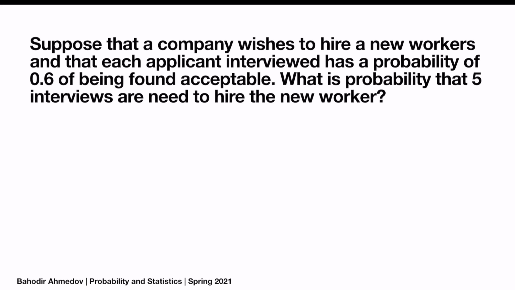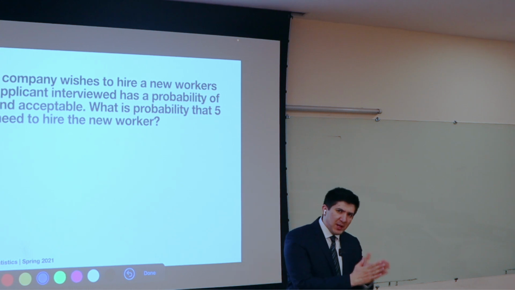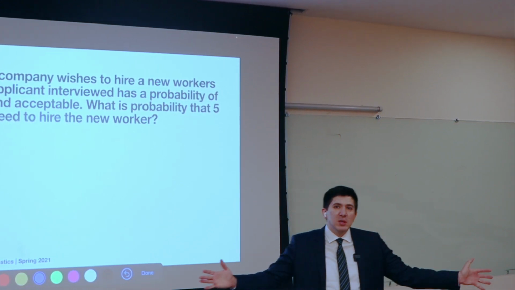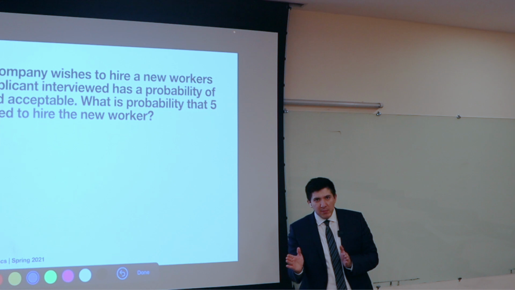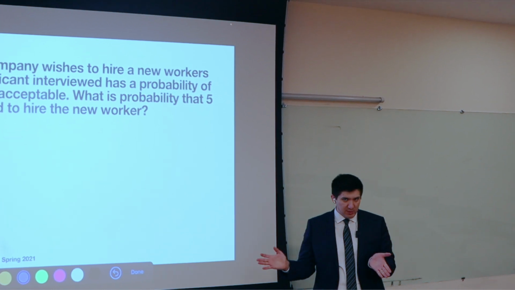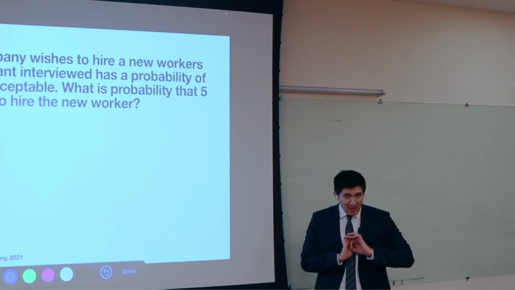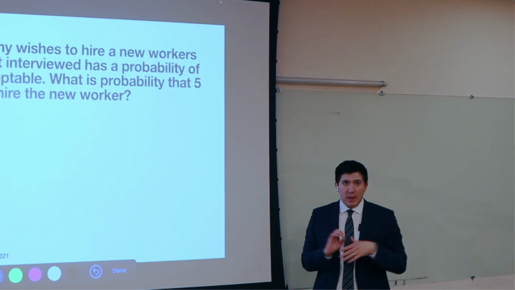So let's say that suppose the company would like to hire a new worker. The probability that an applicant who is going to be interviewed is going to be hired is equal to 0.6. Okay, let's say there are a bunch of people who came to the interview. The probability that each of them is going to pass the interview successfully is 60%. And this is the same for all of the applicants.